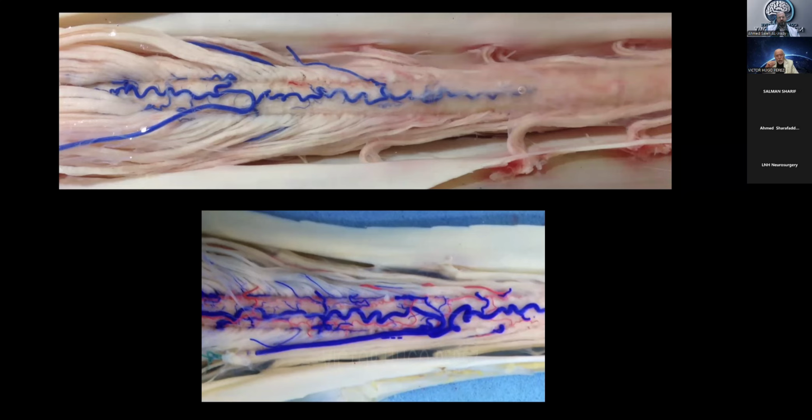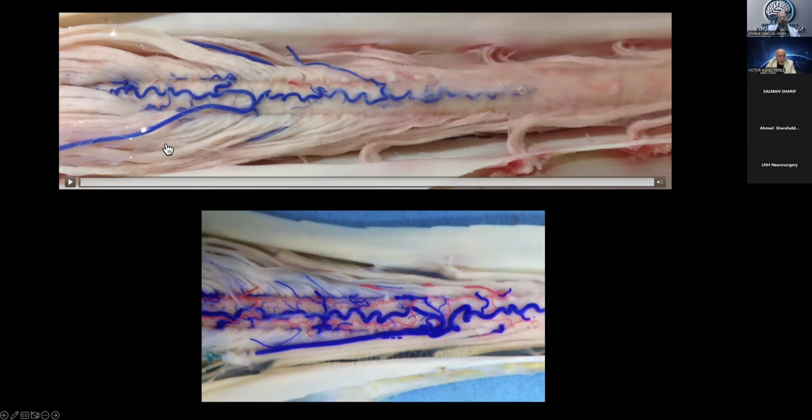So we should be very careful to avoid cauterization of all the veins. It's much better to apply some pressure with a cottonoid instead of closing the drainage.